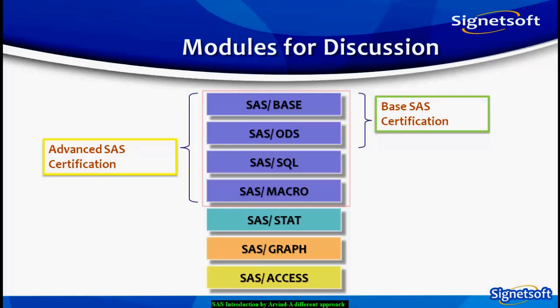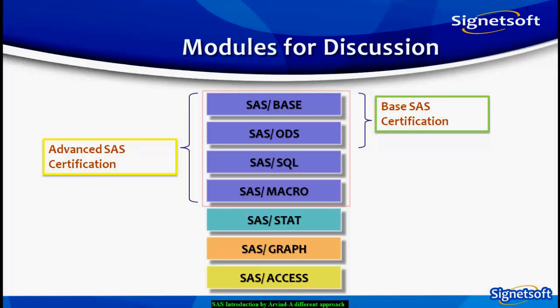As we know, certification. Within SAS software, if you want to go for a certification test, the prescribed syllabus for base SAS certification is two modules, SAS base module and SAS ODS module. SAS base is a major module and SAS ODS is also included in that. Once you are qualified in base SAS certification, then you will be eligible for advanced certification also.